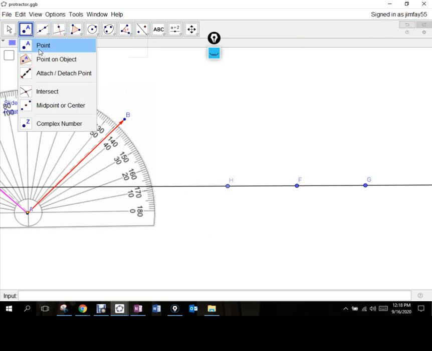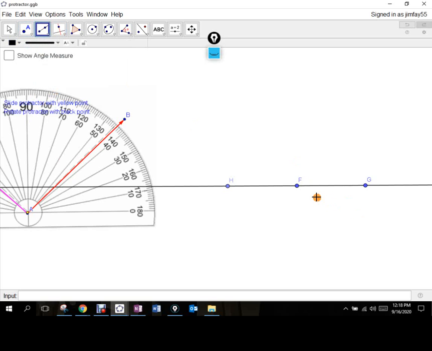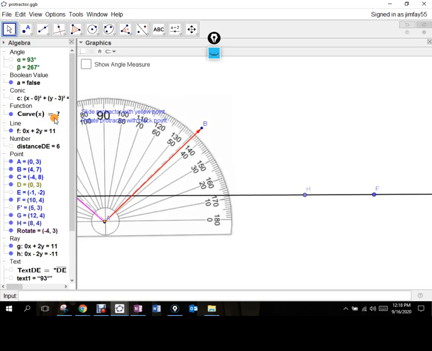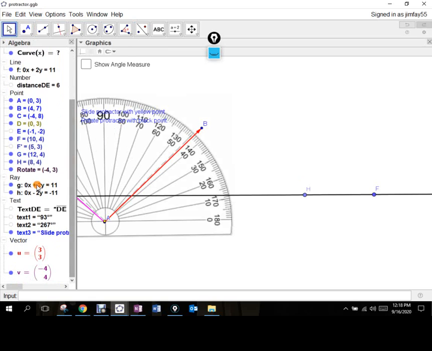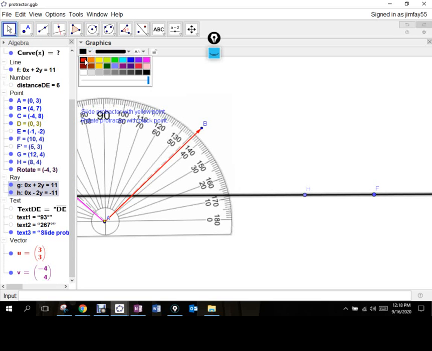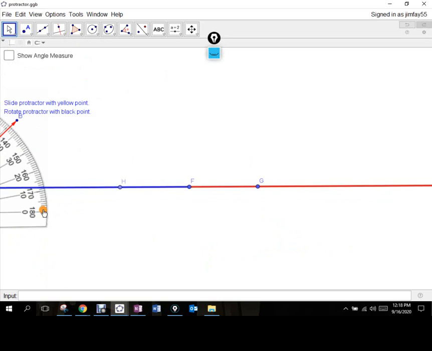Let me color one of these, or both of these rays, so we can talk about them a little bit easier. All right, so we're going to take this blue ray, and we're going to take this red ray. And we're going to pair the red ray with the number 0. And we're going to pair the blue ray with the number 180.